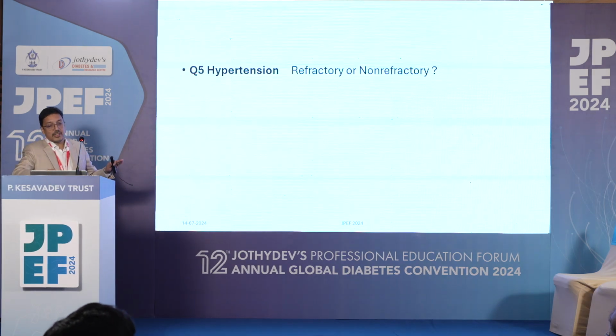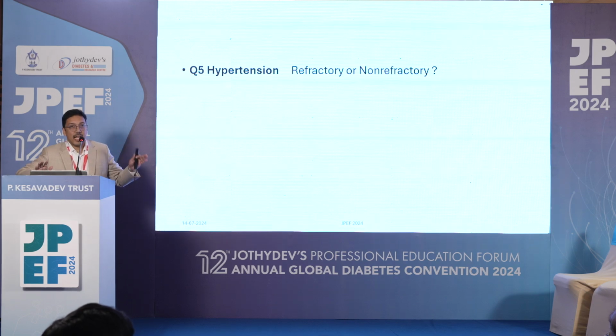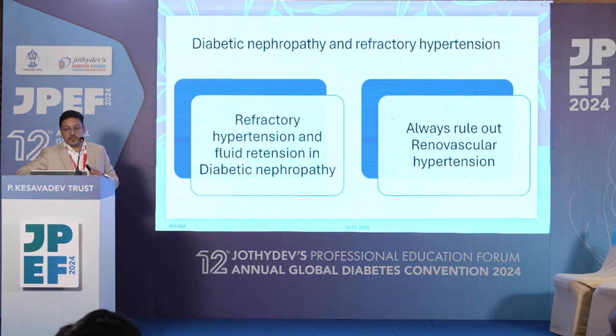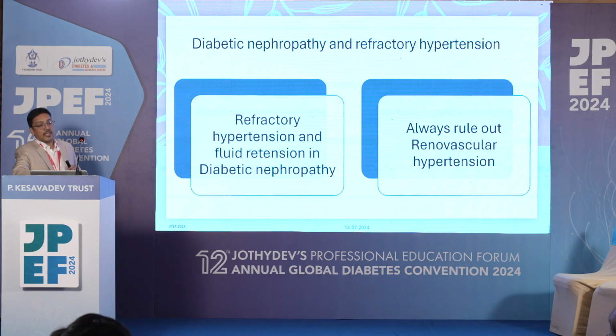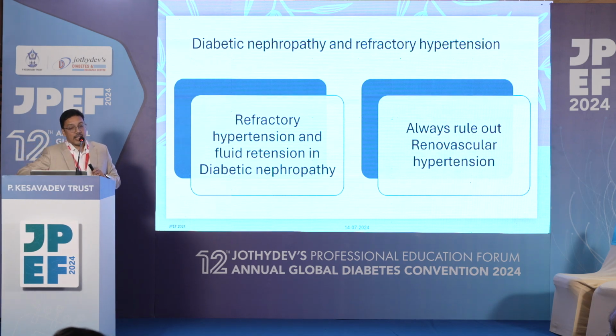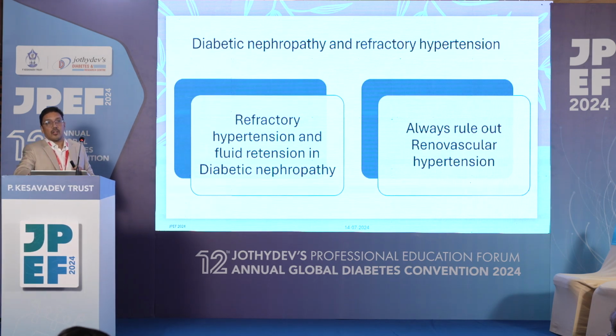Then coming to the hypertension part, it can be refractory or non-refractory, but if there is refractory hypertension and fluid retention in diabetic nephropathy, always rule out renovascular hypertension, which can be coexistent or it can be a pure renovascular problem.